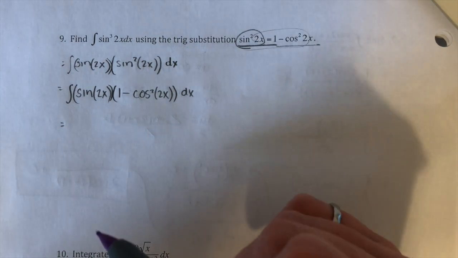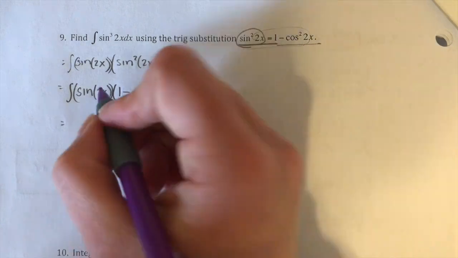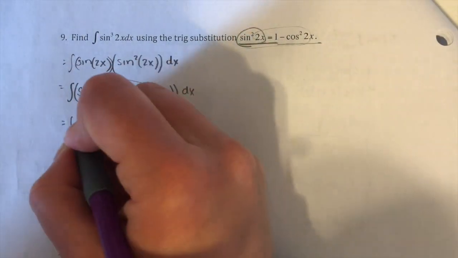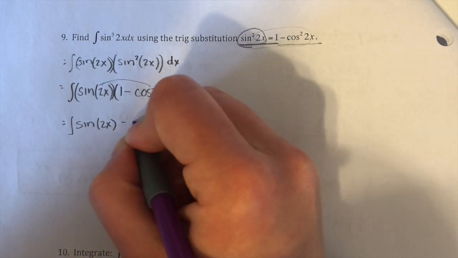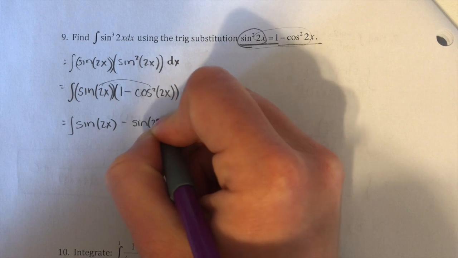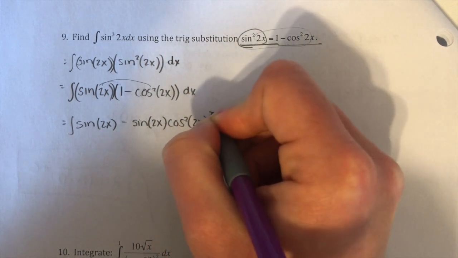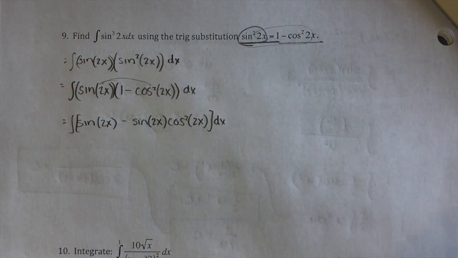And so then you don't look for your u's and your du's until you've gotten to a point where it's simplified. Then I'm going to distribute this thing in. So I'm going to say, okay, this is the integral of sine of 2x minus sine 2x cos squared 2x, and that whole thing gets the dx.